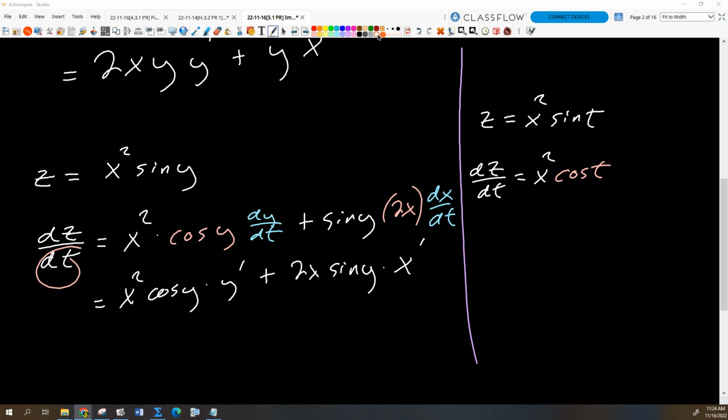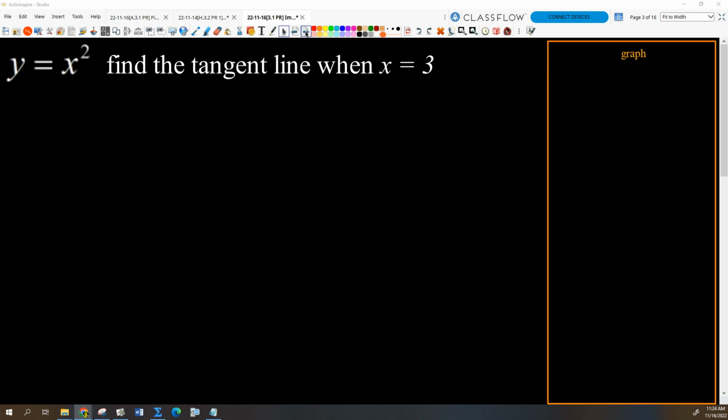Okay? All right, so let's take a slightly different look at this now. We're going to approach the same concept from a different direction. Let's warm up with a problem that we already know how to do. We want to find the tangent line to that curve when x equals 3. To come up with an equation of a line, we need a point and a slope, right? So we need a point and a slope.